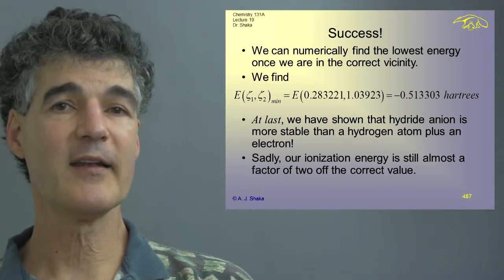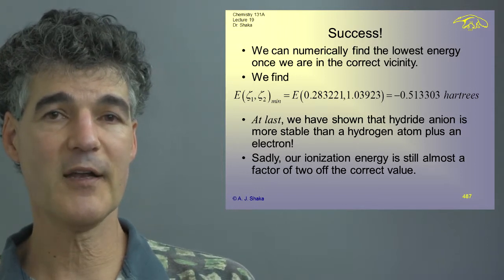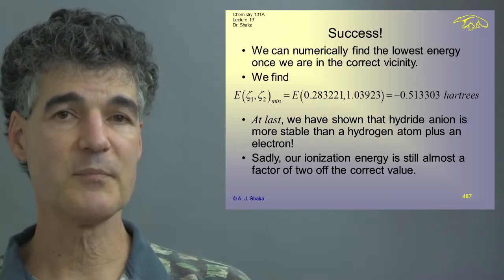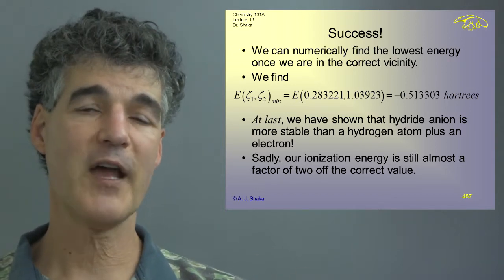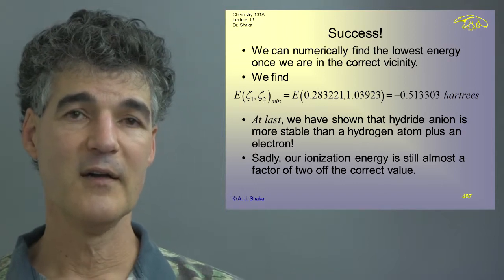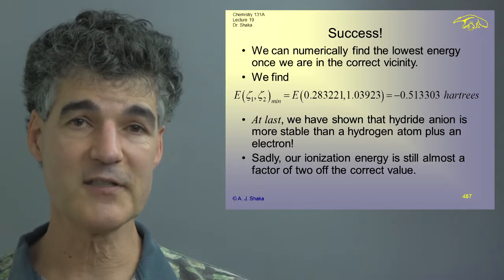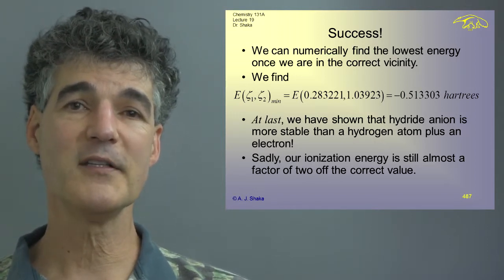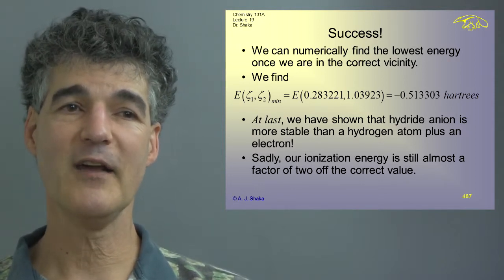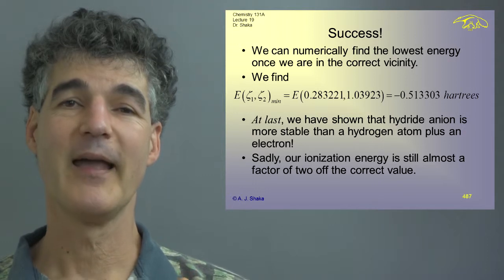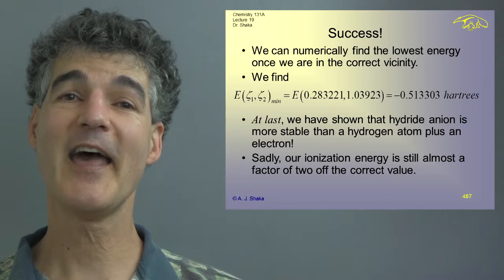And when we put that into that very, very messy formula, these numerical values, which I tried to get out to quite a few digits because I'm raising them to the 6th power and adding and subtracting them, and I don't want round-off to kill me. And it's a pretty good thing that we kept all these digits, because the energy evaluates to minus 0.513303 Hartrees. This is a great success because it's finally less than a half.